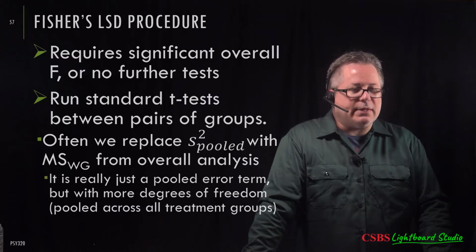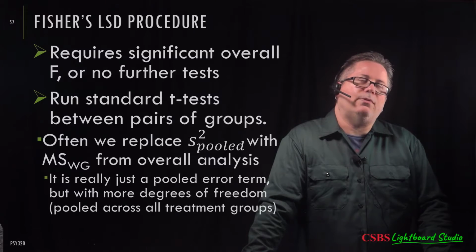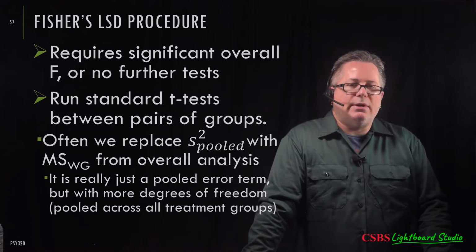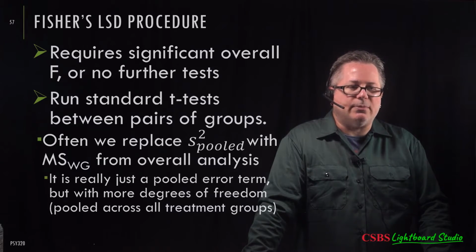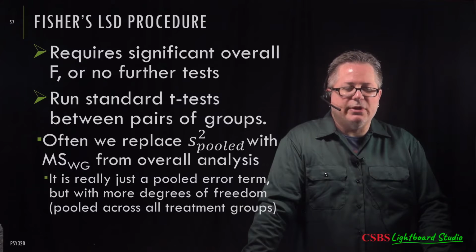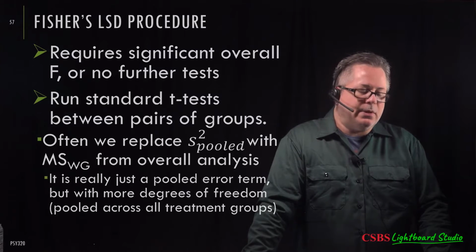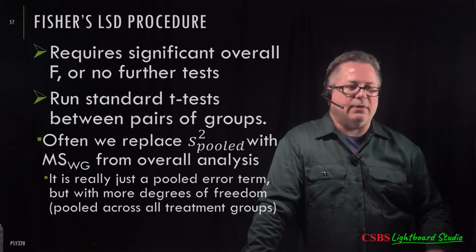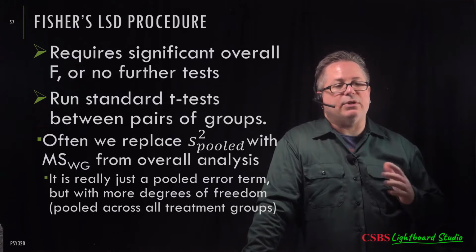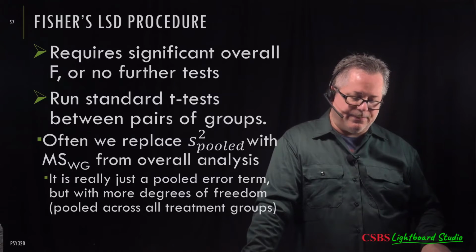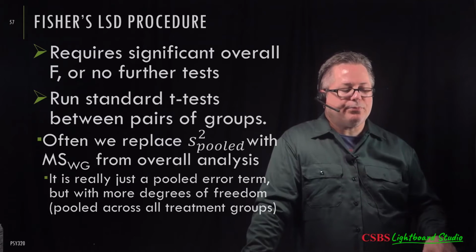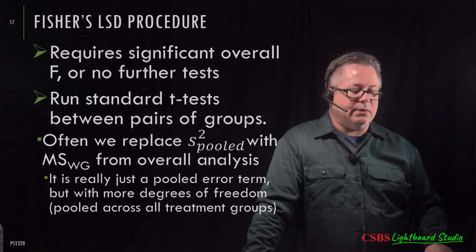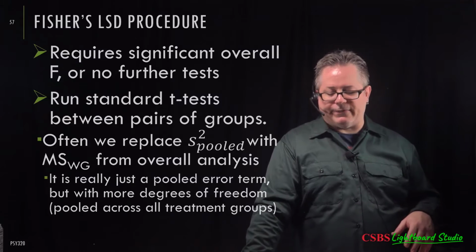Because it assumes you're doing all of those comparisons, it keeps the overall alpha level at 0.05 by making each of the comparisons have a stricter, more conservative alpha level, so that when combined together, you get an overall alpha level of 0.05.